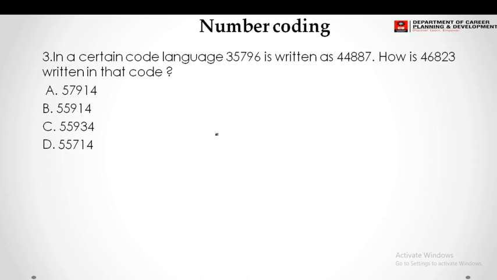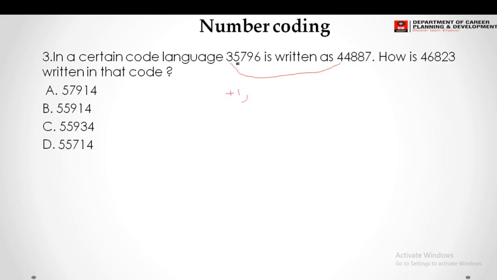Then the third question is a certain code language, where 35796 is written as 44887. First we have to find out how 3 becomes 4. The 3 is plus 1, so it becomes 4. How can 5 become 4?